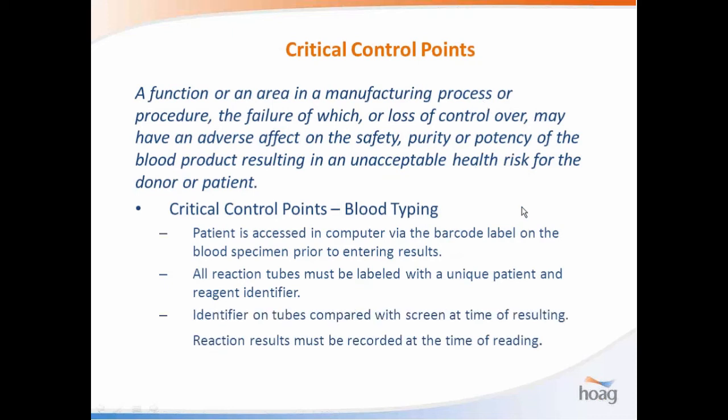Critical control points. By that I mean a function or an area in a manufacturing process which, if you fail at or lose control over, may adversely affect the safety, purity, or potency of a blood product, resulting in an unacceptable risk.